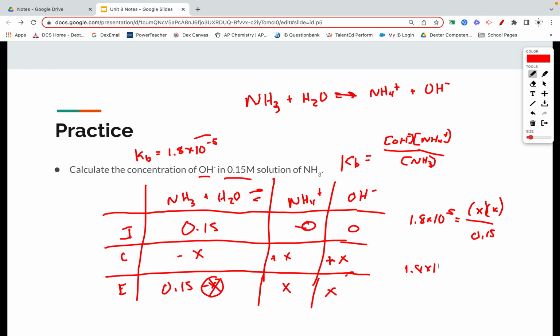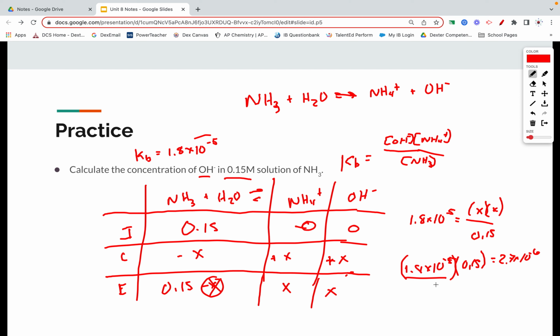So 1.8 times 10 to the negative 5th times 0.15 is equal to 2.7 times 10 to the negative 6. I have it written down next to me.